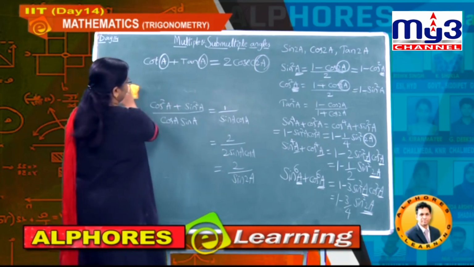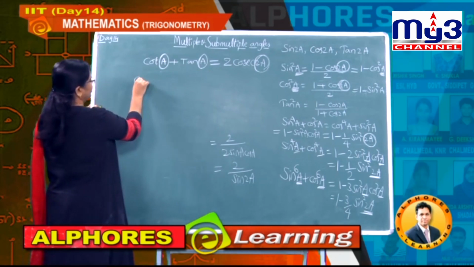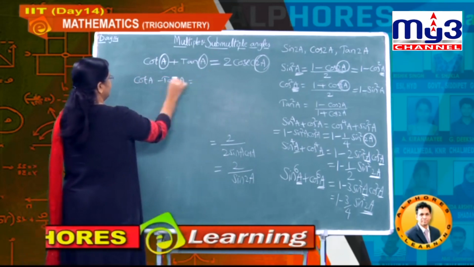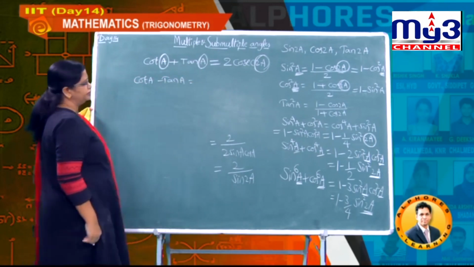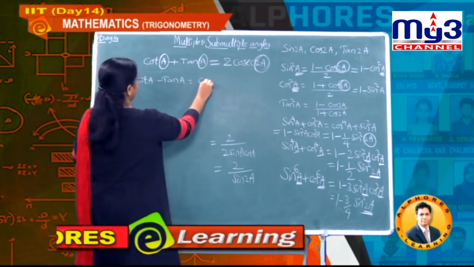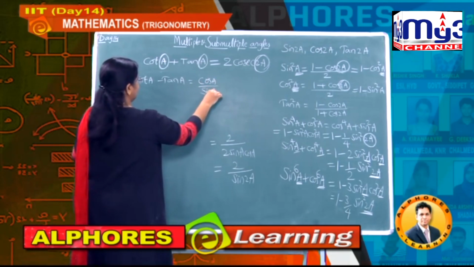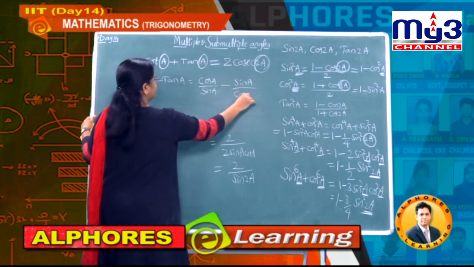Now students, let us do cot A minus tan A also. In the same way we proceed: cot A minus tan A, that is cos divided by sin, or you can write 1 by tan also. So this is cos A divided by sin A, and this one is minus sin A divided by cos A, known values only.